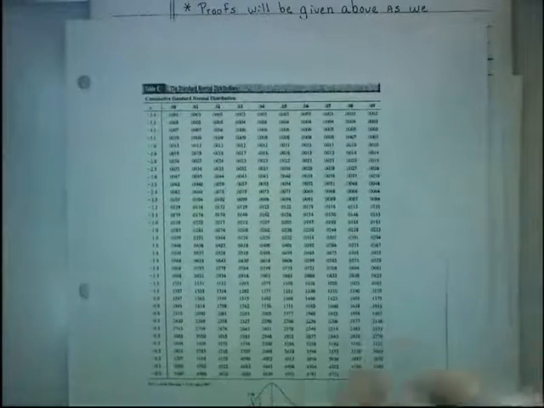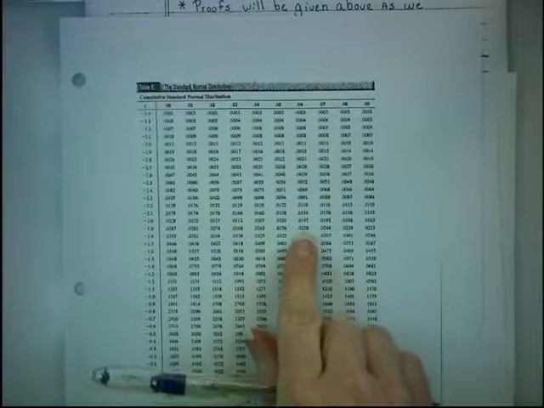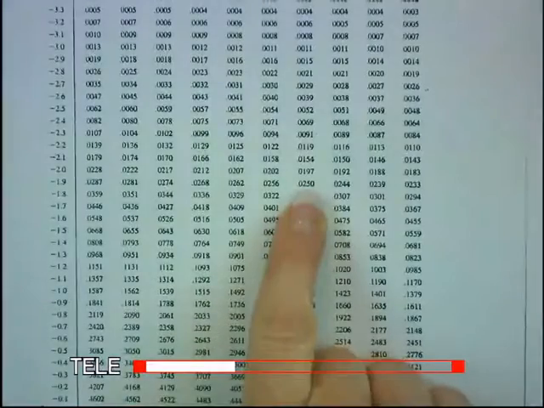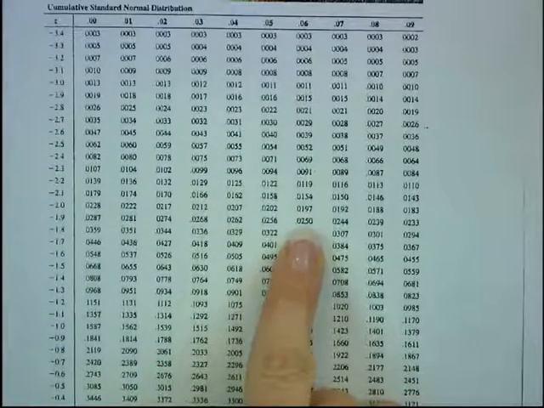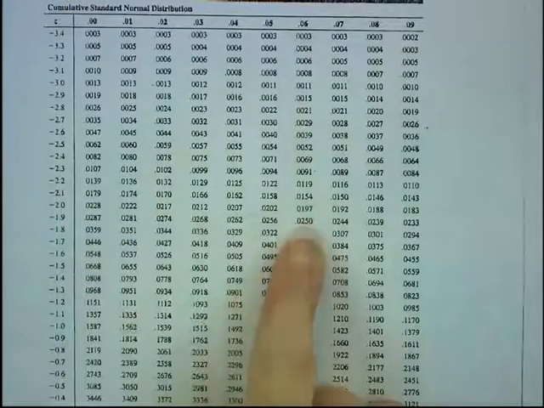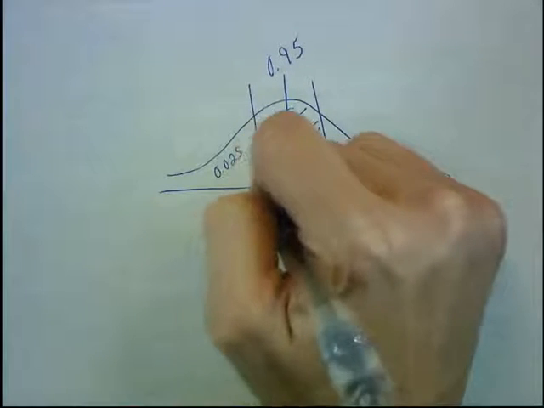And that area is exactly here in the table. When you work your way out and up, you go out to negative 1.9 and up to 0.06. So the negative one is negative 1.96.